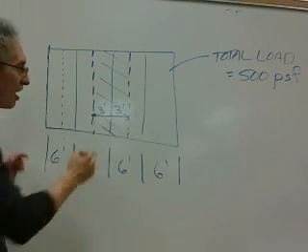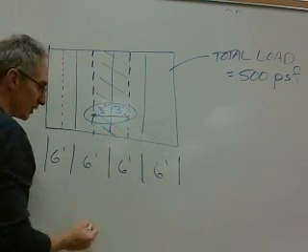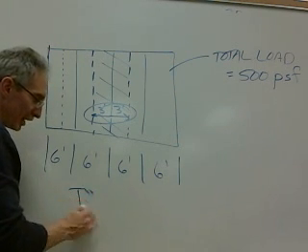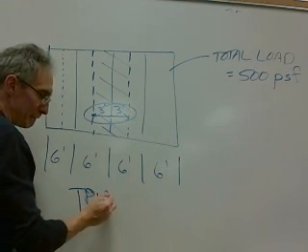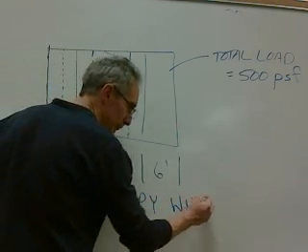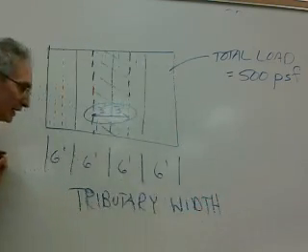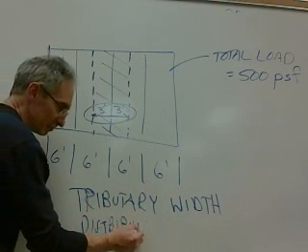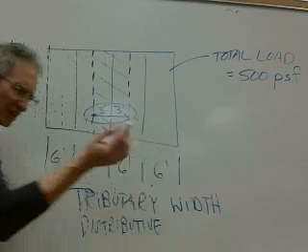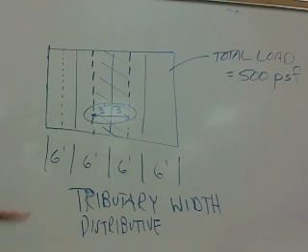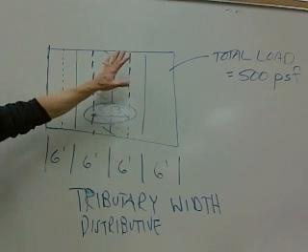That concept is called tributary width. Some people call this distributive width. You can hear two different names, but that's the basic concept.